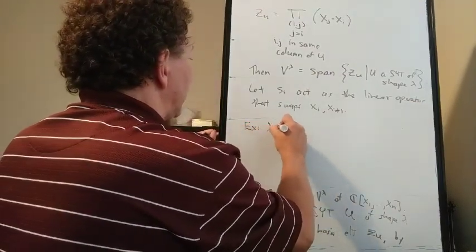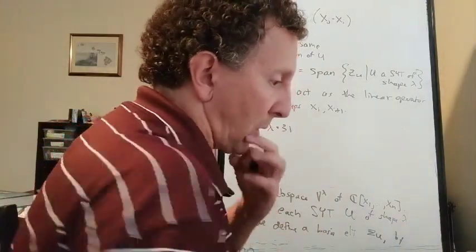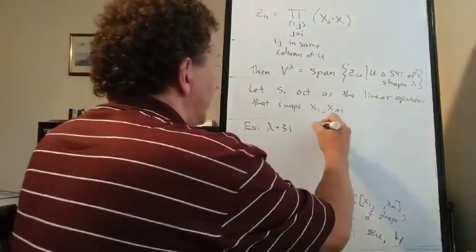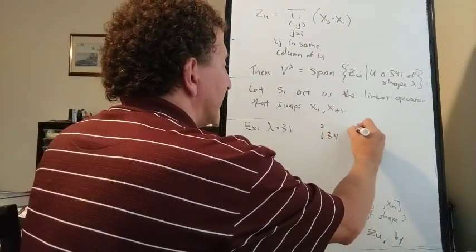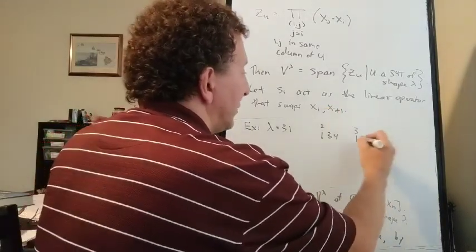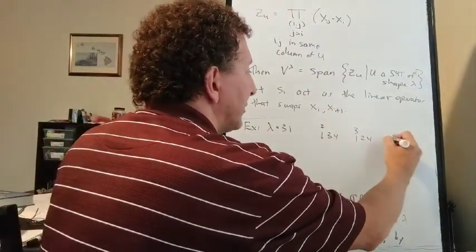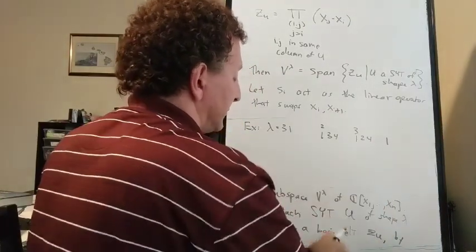So for example, let's look at lambda 3, 1. So we have the 3 standard Young tableau: 1, 3, 4 on the bottom with 2 above, 1, 2, 4 on the bottom with 3 above, and 1, 2, 3 on the bottom with 4 above.